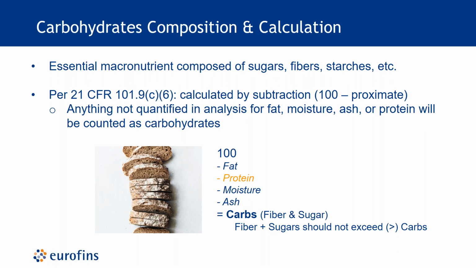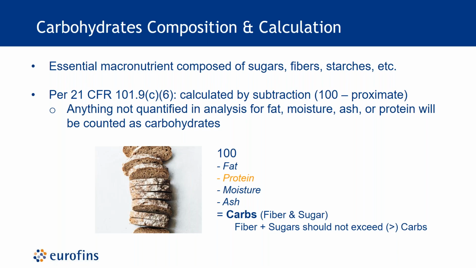So the common way to describe it is 100 minus proximate is your carbohydrates value. Proximate is things like your fat, moisture, ash, and protein. What's important to understand about this is that anything that's not quantified in your analysis for fat, moisture, ash, or protein will inevitably be counted as a carbohydrate when you use the FDA's definition.